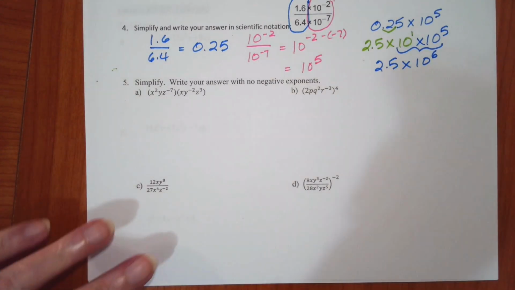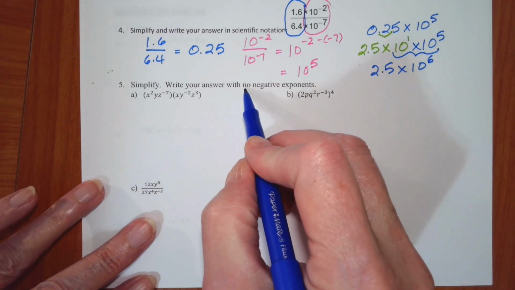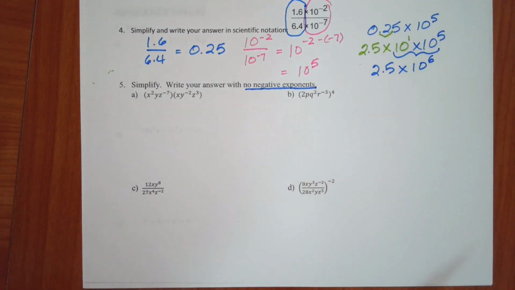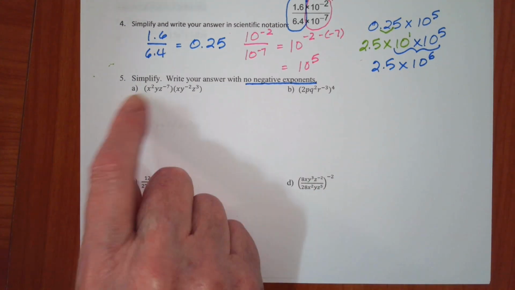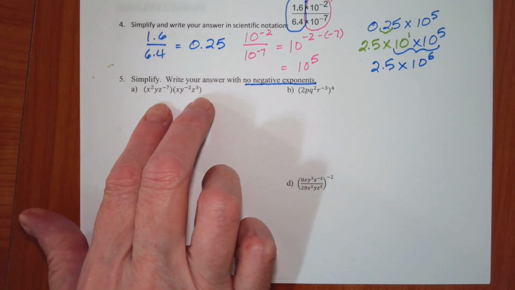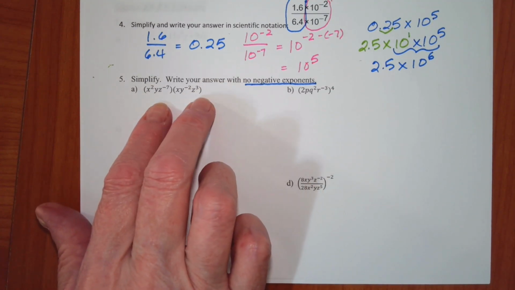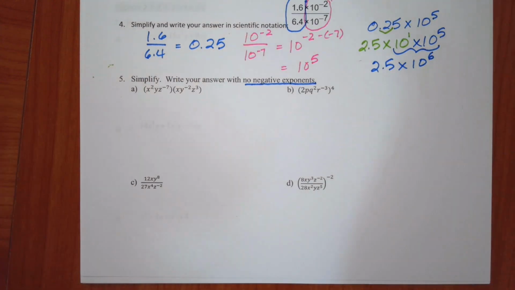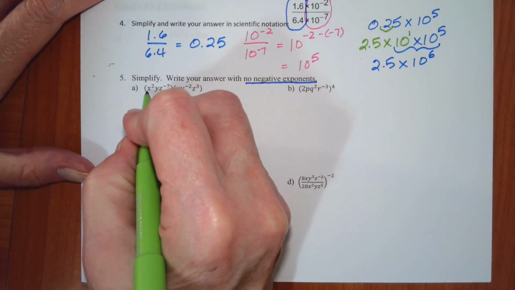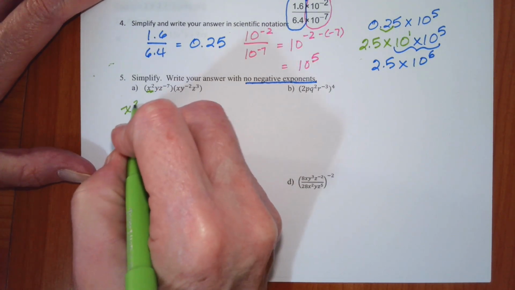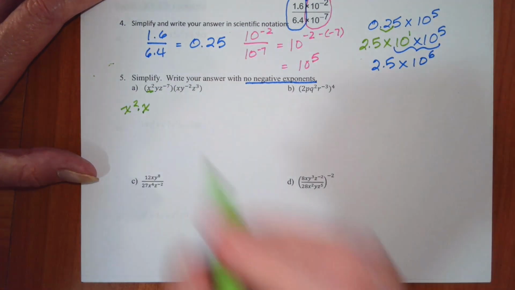Okay, simplifying exponents, and it says no negatives. All right, so there's always multiple ways to do this. I think what I'm going to do on this one is take care of my x's, my y's, my z's, and then figure out from the results what goes in the numerator and what goes in the denominator. So for my x's, I have x to the second times x.